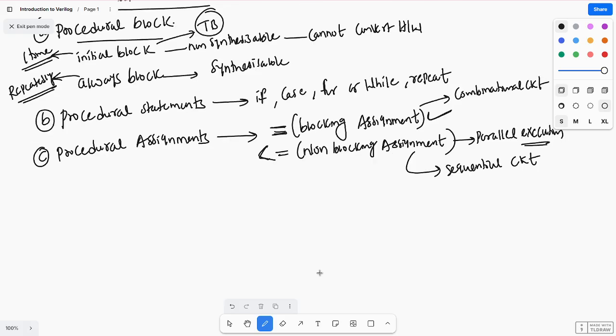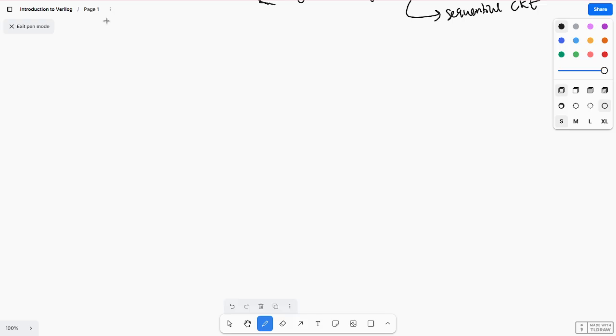And next, basic syntax. So what is the basic syntax? A Verilog code will start with module. If you Google the keywords in Verilog, you will get around 150 to 200 keywords.